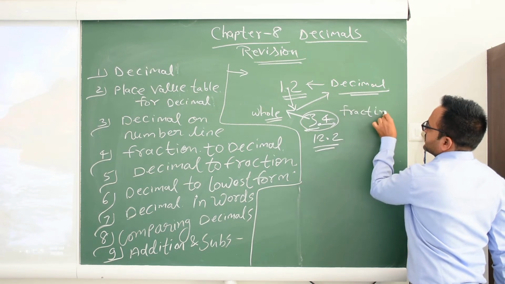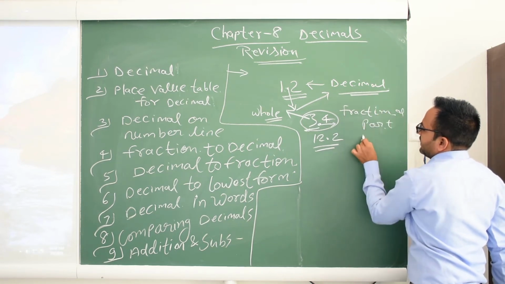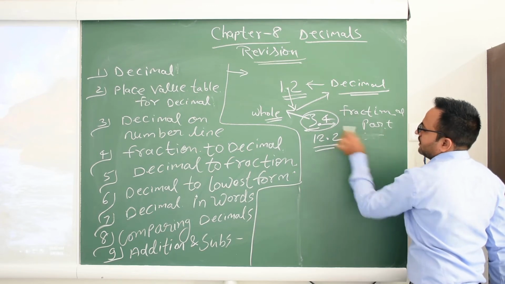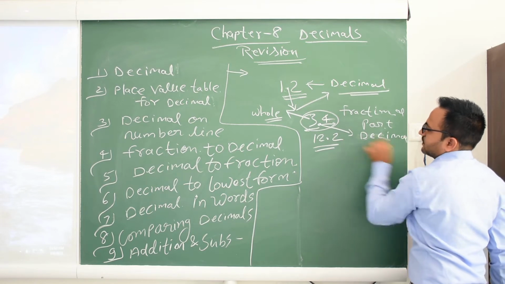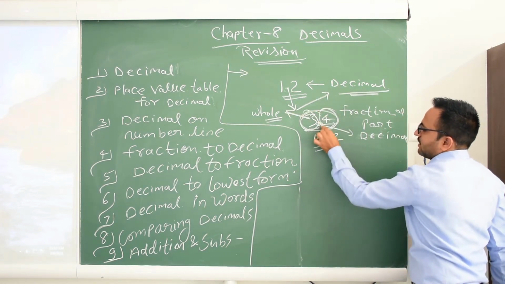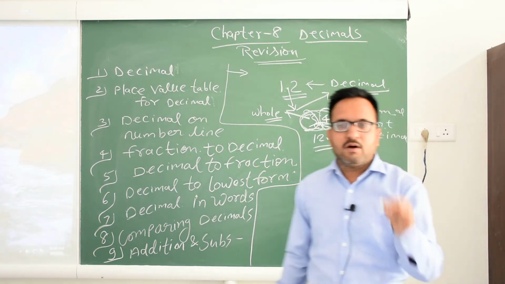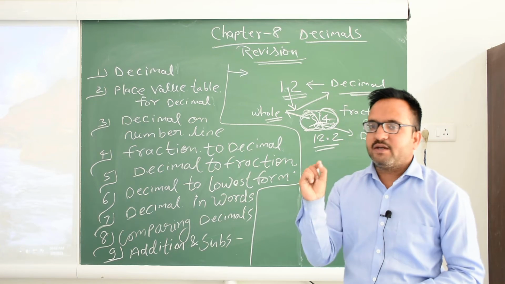So this is your whole number, this is the fractional part, and this is your point, called the decimal point.